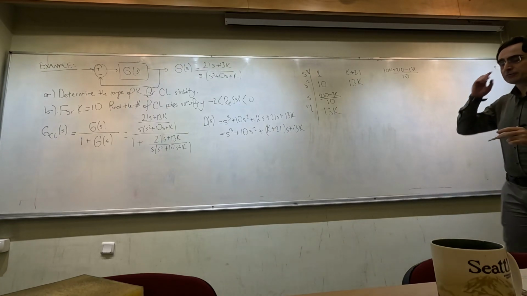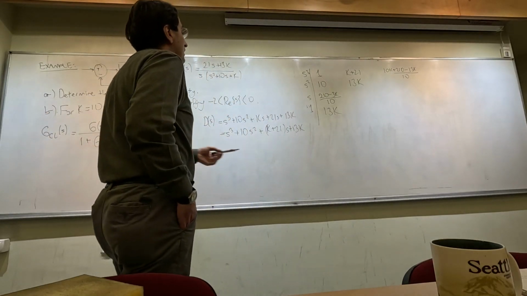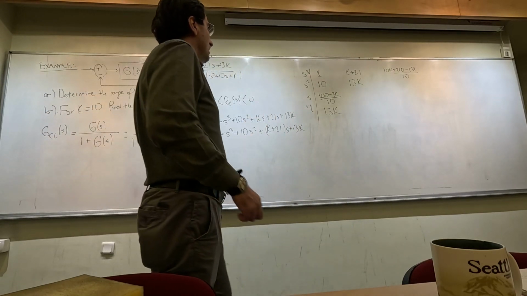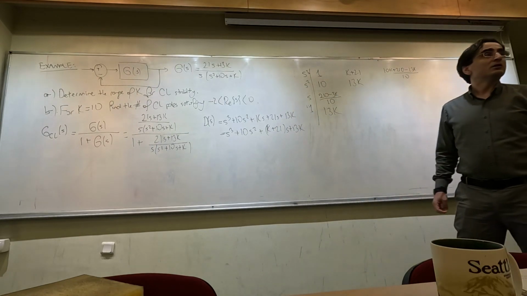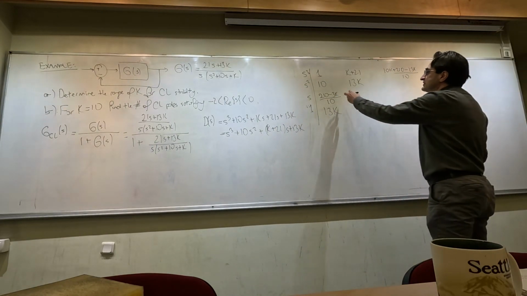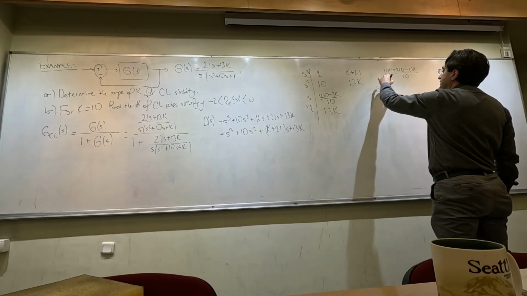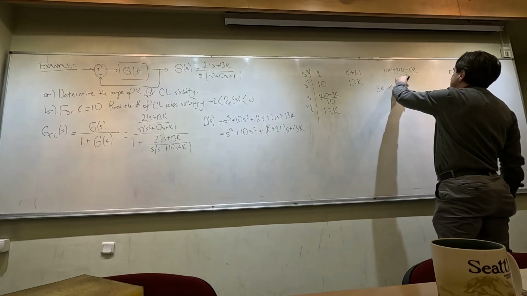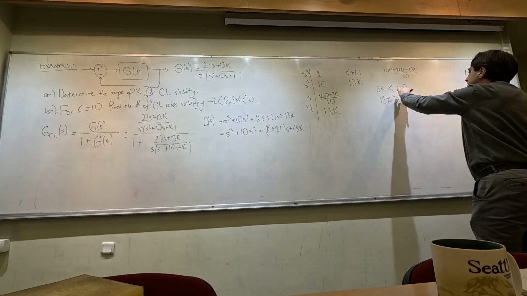And I know that for stability, I need the first column of this Routh array to be strictly positive. Okay? That actually means that this term should be positive. That means 3K should be smaller than 210 and 13K should be positive.